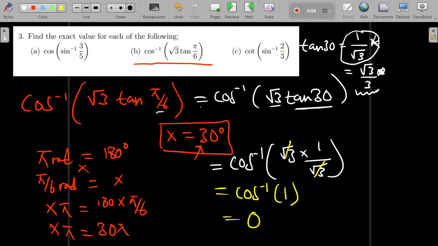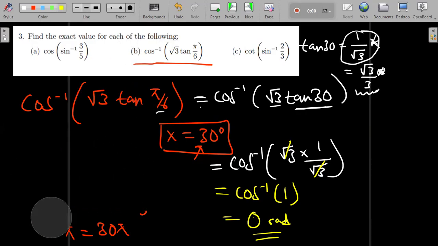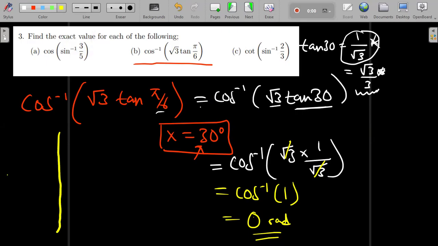Remember, we are taking the angles in rad here, so we're going to say 0 rad. This 0 here is in the first quadrant. Remember, we have 4 quadrants. Whenever you're finding the angles for an inverse of a trigonometric ratio, there are at least 2 angles for that.